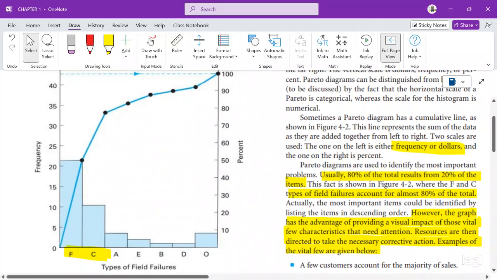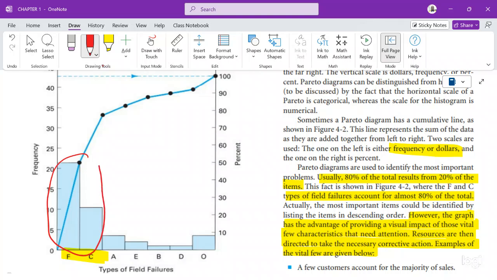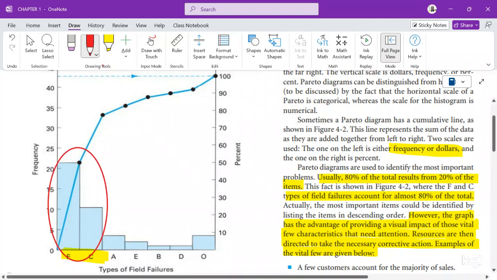All right. So what Pareto is all about is we are trying to determine the percentage of your few, they call it the critical few.